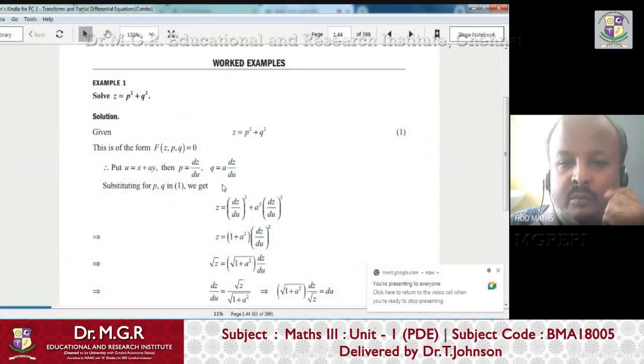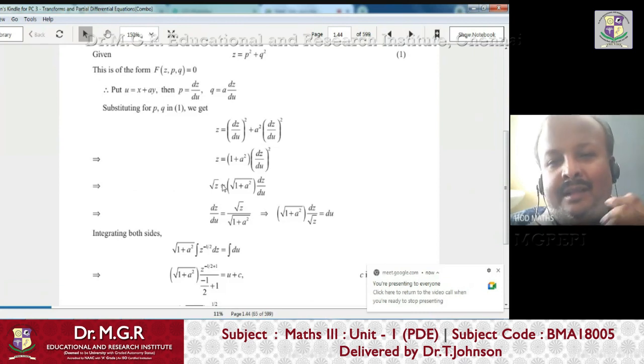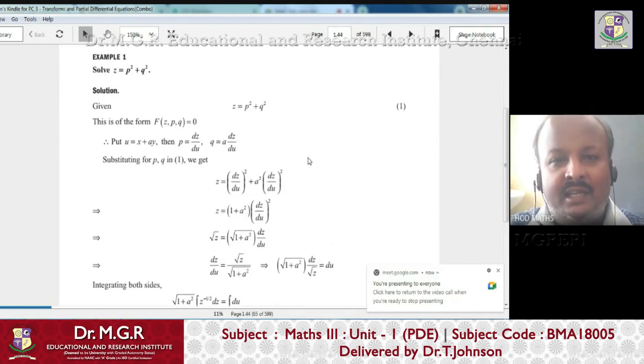So now I work out this problem, because in the offline class I worked it out in a simple manner, and here they put dz by du, which is a little bit confusing. So whatever I worked out in the offline classes, I try to work out the same way. So follow me. The given problem is z equals p square plus q square.